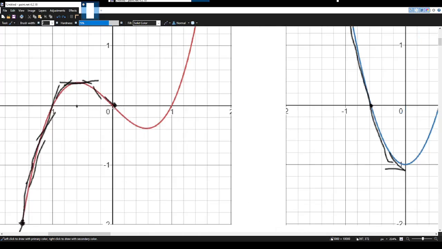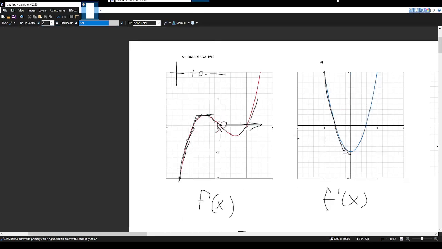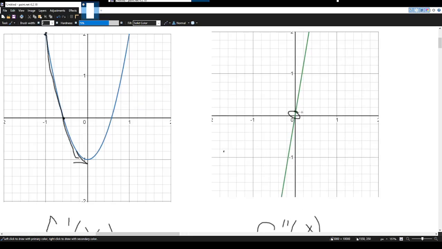And if we look at from here, this is a special point right here where it changes. We go from being somewhat negative to less negative to 0 to slightly positive to more positive, which means that from 0 onward, this whole time over here, the slope is increasing, which means that the change in slope is positive, which means that the second derivative will be above 0, which it is.